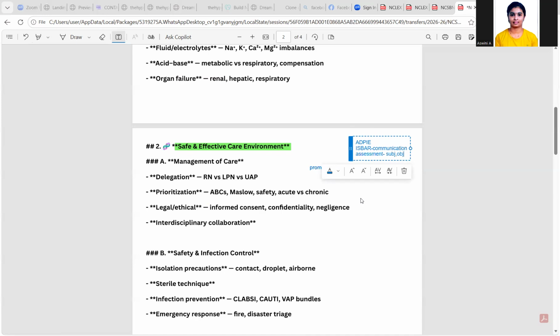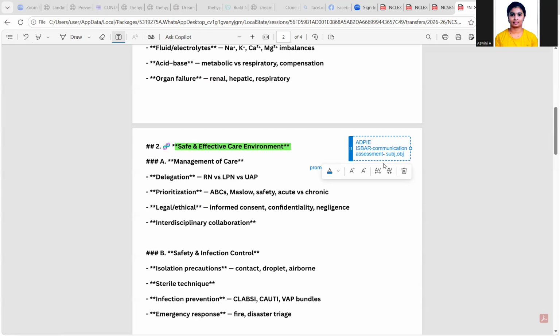On the basis of the priority of the assessment findings and problem, we can make the nursing diagnosis.